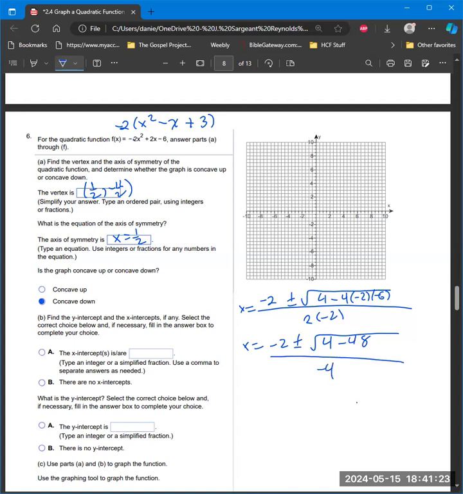I think you see that the inside of that square root is going to be negative, so there are going to be no x-intercepts. The y-intercept when x is 0 is going to be -6.